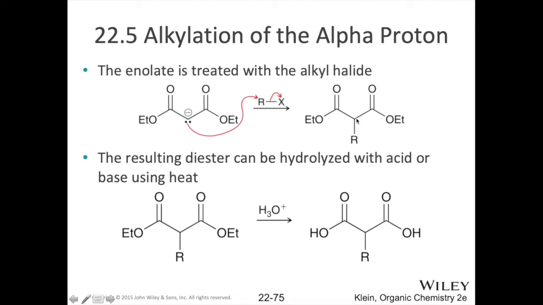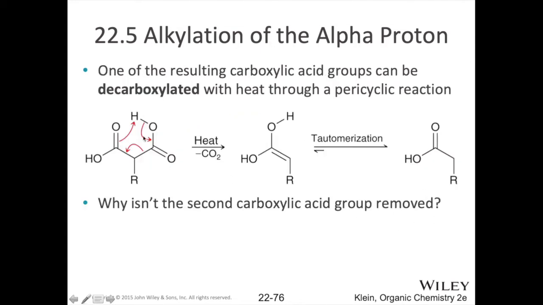If you heat this up with dilute acid, you will basically hydrolyze this to the corresponding diacid, okay, which you can then continue to heat, and it'll get rid of half of this molecule as carbon dioxide, and the resulting product will then tautomerize into a carboxylic acid, and there's your final product, right?